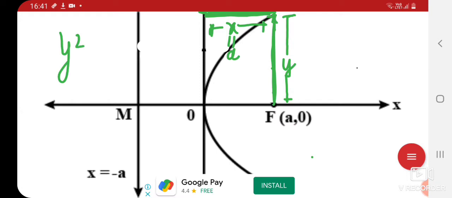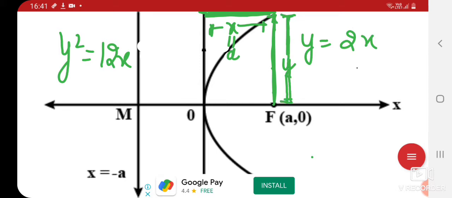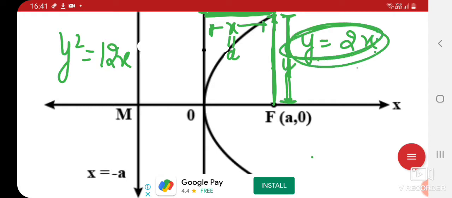So let's suppose you have an equation y squared equals 12x. Is that right? Here what you can observe is that this y is equal to twice x, right? Why have I said that this y is equal to twice x?